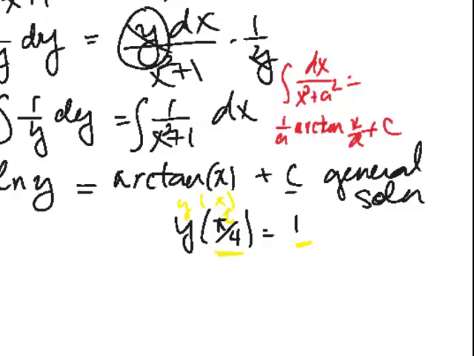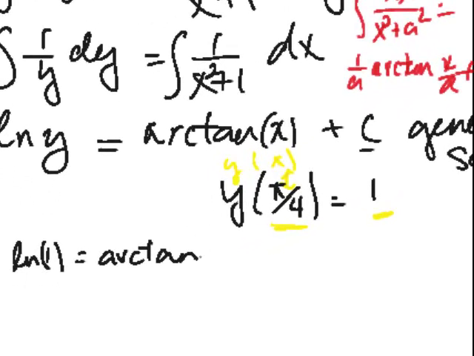So if we were to plug into that, we would get the ln of 1 is equal to arctangent. Oops, I goofed a little bit, I'm sorry. Let's change this to 1 itself, because I want the answer to be pi over 4.